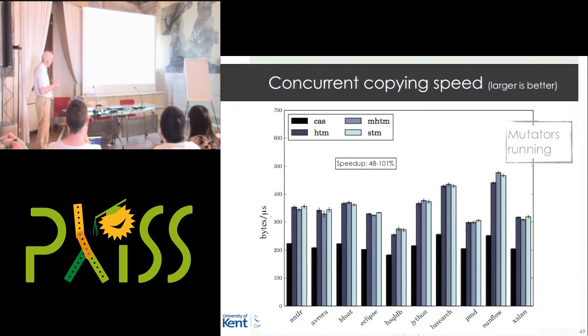And if you look here, the black lines are using compare and swap. Taller bars are better, and you can see we get performance that's pretty much similar using software transactions as we got with using hardware transactions.